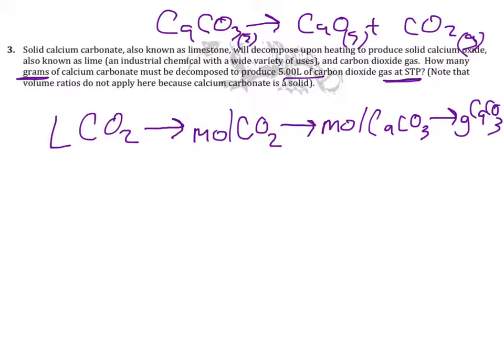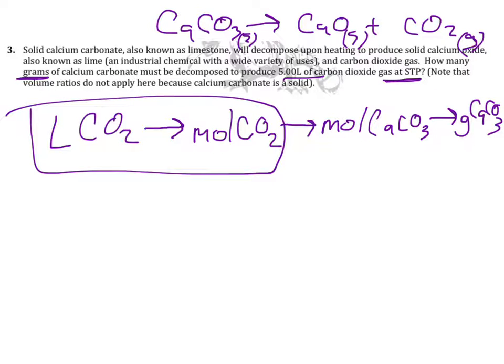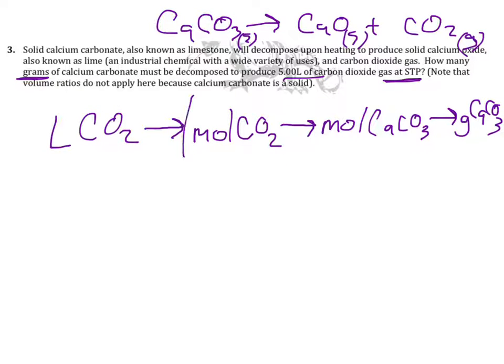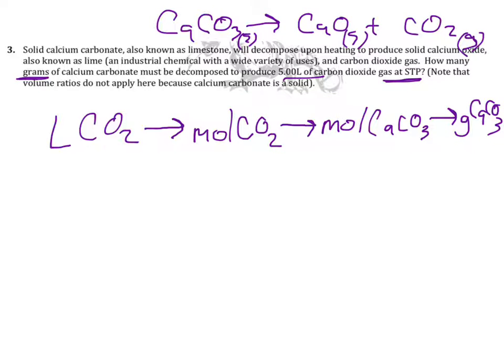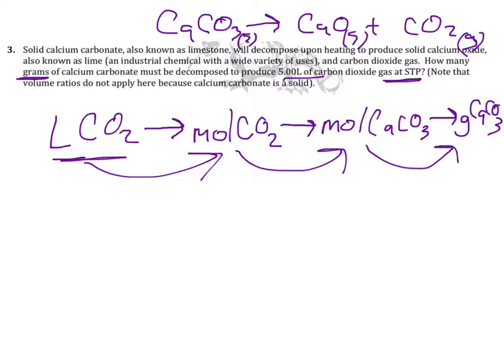What I will say is, in this unit, the liters to mole part is the new part. This is what we learned last unit. And so the connection I'm wanting you to make is that if we can somehow get this to convert to moles, we can then use what we've already learned in the past to go from moles of A to moles of B to grams of B.